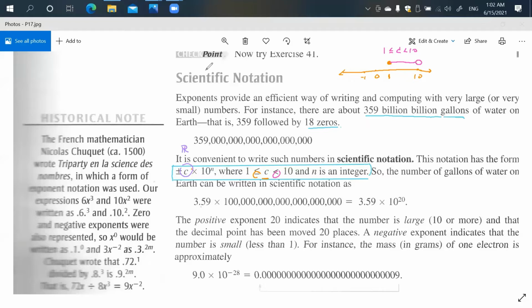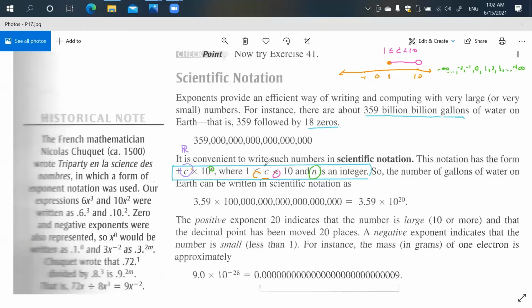And one more thing is N. N must be an integer. Remember integers: 0, and to the right 1, 2, 3, and so on until infinity, and to the left -1, -2, and so on until negative infinity.